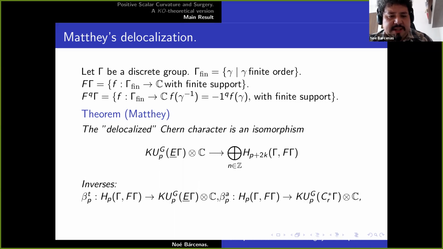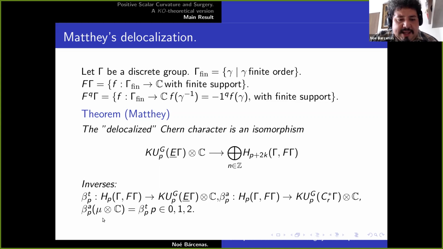They go under these names, which have T and A over there. This T and A is going to play a role in their appearance in the surgery exact sequence. So just take it as a beta for the moment. And there are also some betas which involve the Baum-Connes assembly map, and now we're going to see it.